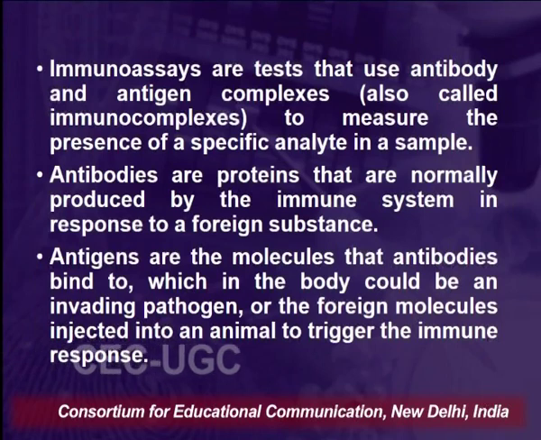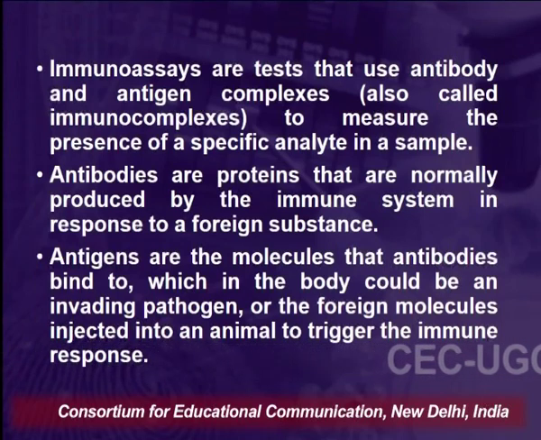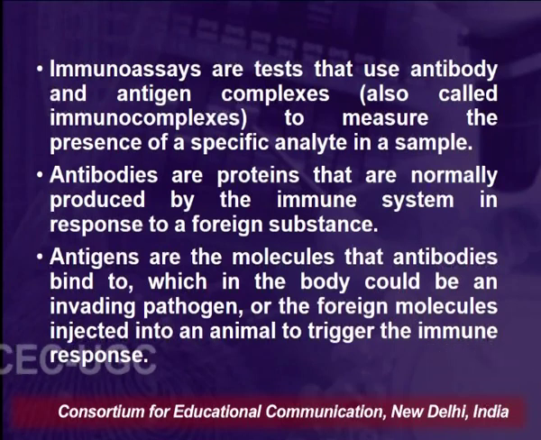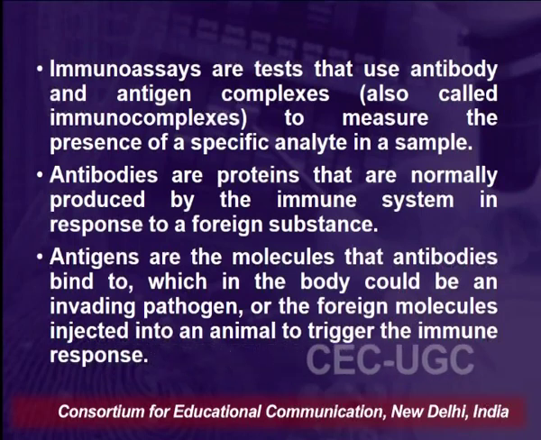Now, immunoassays are tests that use antibody and antigen complexes, which are also called immunocomplexes, to measure the presence of a specific analyte in a sample. As we have discussed, immunoassays are quantitative techniques and they are very specific and have very high affinity.